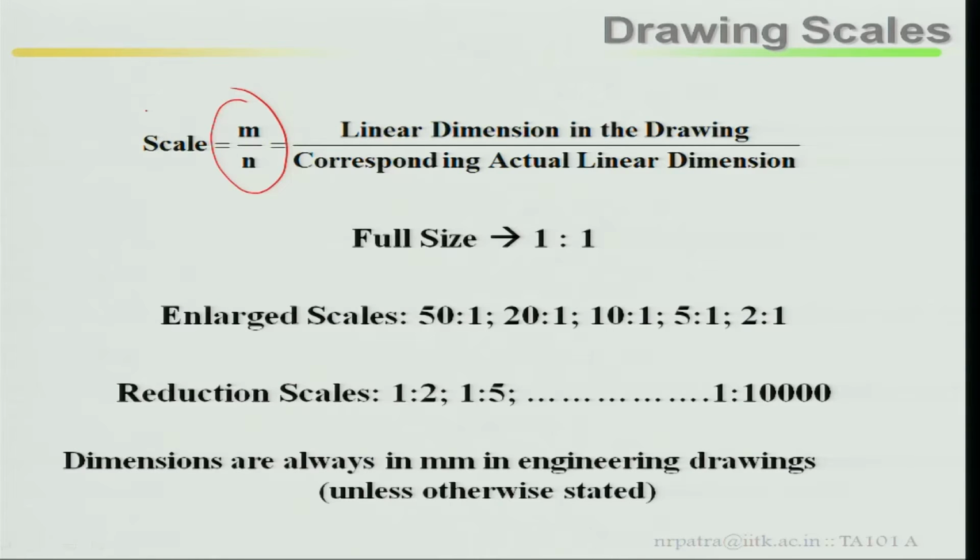Reduction scales we generally write in reverse: 1:2, 1:5, 1:100 or 1:1000. Generally in drawings dimensions are always in millimeters, unless otherwise specified. Whenever there is a question, you assume these dimensions are in millimeters.